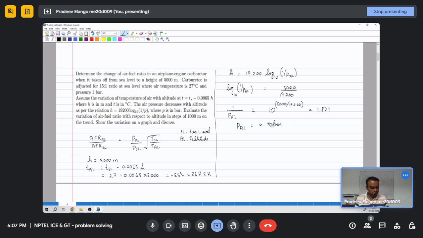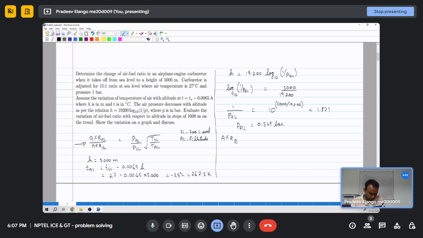Can you check again? Okay, so 0.549 bar. So then we got the pressure and temperature. Now we can substitute in this one and get the AFR at the altitude.